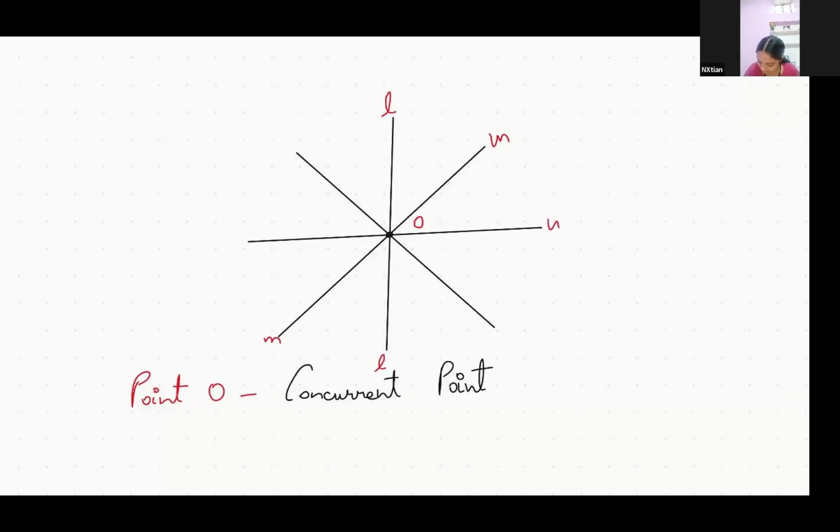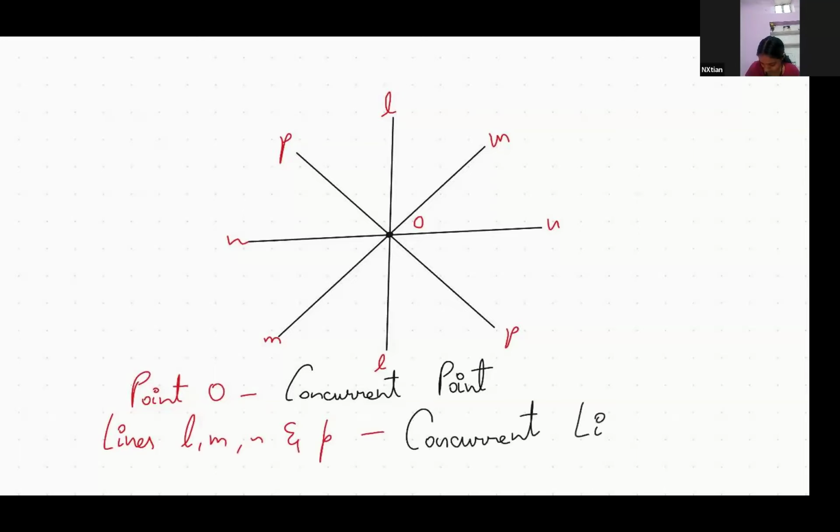This one is N, and this one is P. So lines L, M, N, and P are known as concurrent lines. When three or more lines intersect at 1 point or pass through 1 point, they are known as concurrent lines, and that 1 point is known as the concurrent point. Hope till here it's clear for everyone.